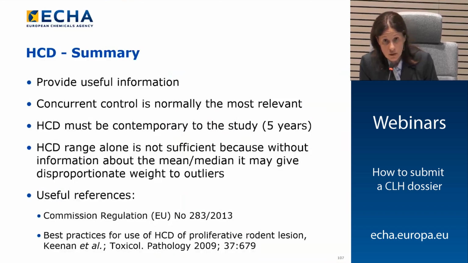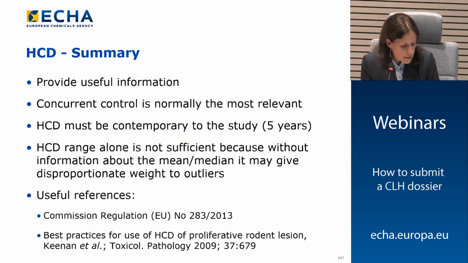We showed that, for example, in the example, something can happen and the incidence might not be stable over the years. The historical control data range alone is not sufficient because without information about the mean, the median, it might give disproportionate weight to outliers. And we have seen that in the previous example, in the historical control data 1, the data were exactly within the range, but probably because of one outlier.